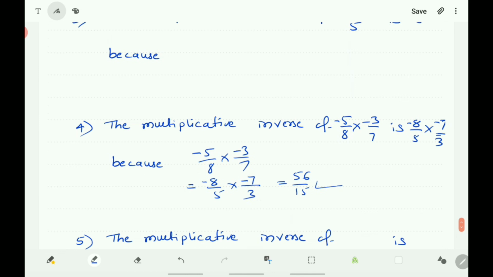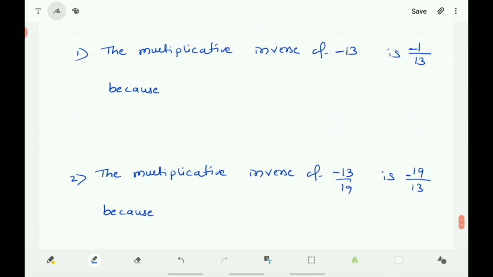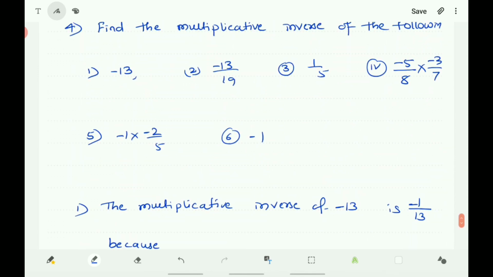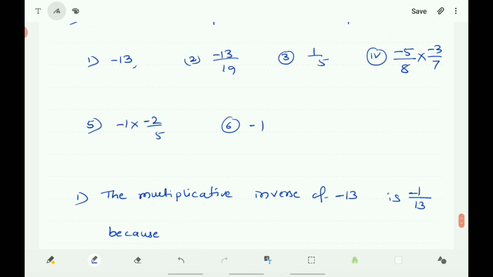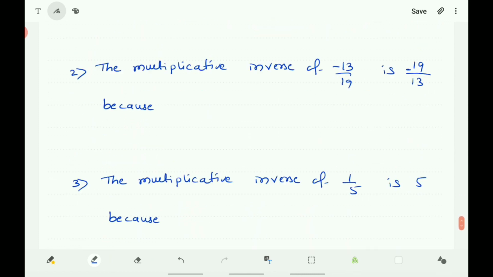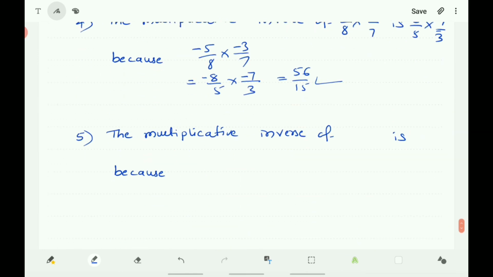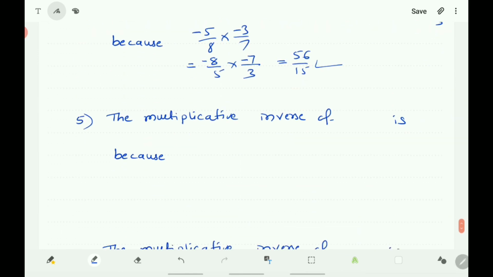Next, the fifth question is minus 1 into minus 2 by 5. Multiplicative inverse of minus 1 into minus 2 by 5.